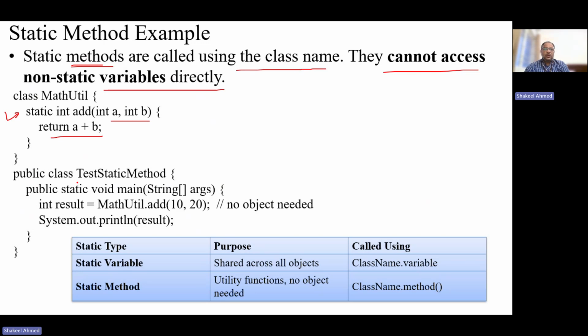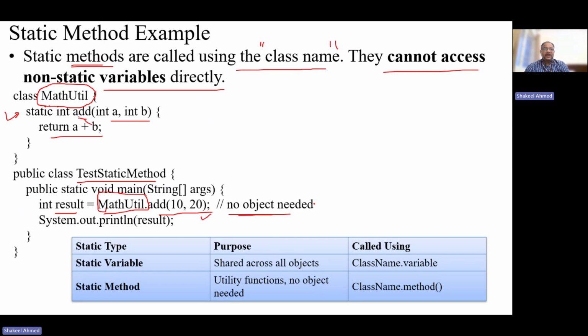Now when you go to the main driver class, public static void main, int result equals. So what did we say here? You have to use the class name to access the static methods. So what is the class name that we are having here? MathUtil. So if you want to use this method, you use MathUtil with the method that you are going to add. So we are not creating an object.